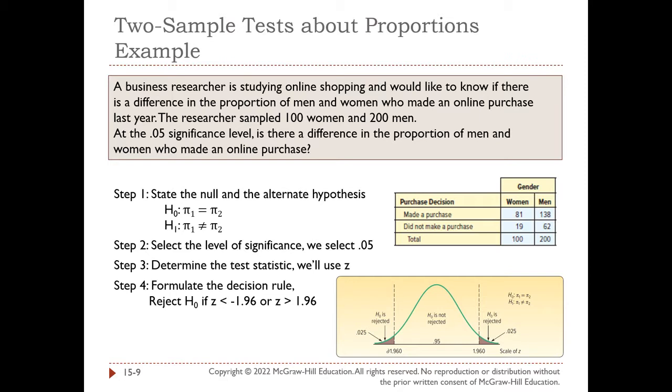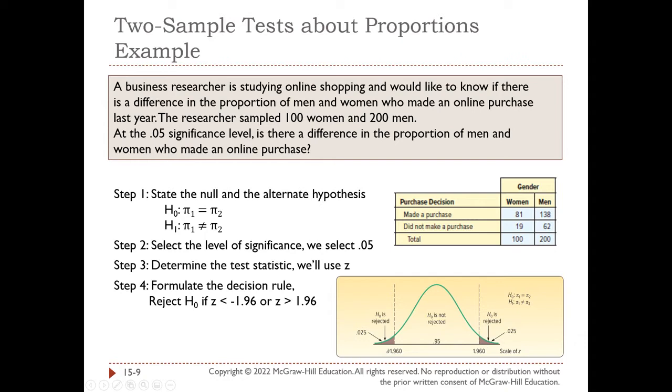So, our null and alternative. What we're doing is saying that both proportions are equal. Pi 1 equals pi 2. The alternative, of course, is that they do not equal. Select 0.05. Remember, this is the total shaded area, so a total of two tails.